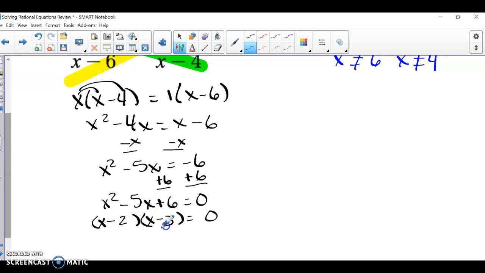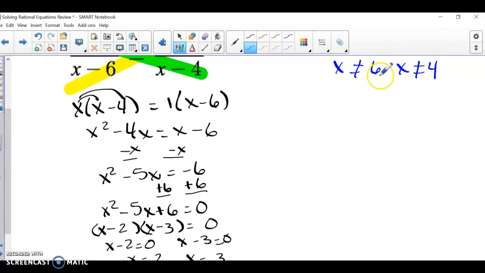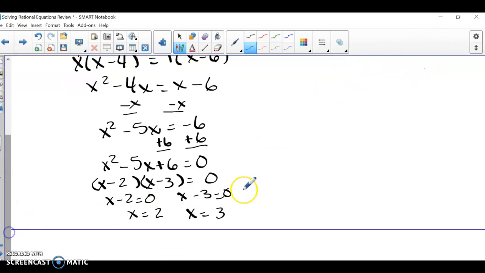Negative 2 and negative 3. Set each one of these equal to 0. Get your variable by itself. So x is equal to 2 and x is equal to 3. Neither one of those are part of my excluded values, so I have two solutions for this. Both are the answers.